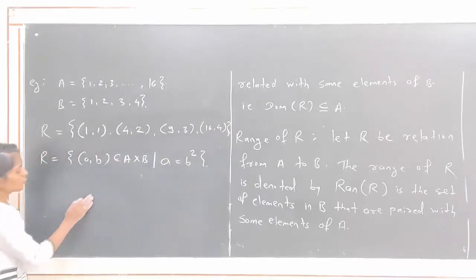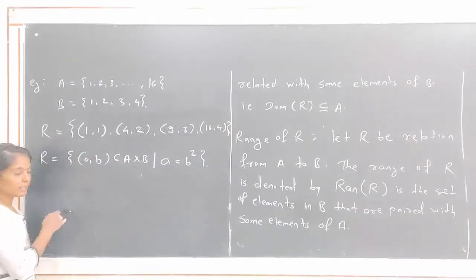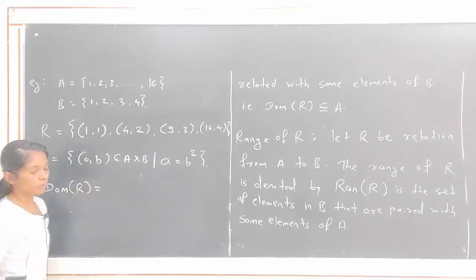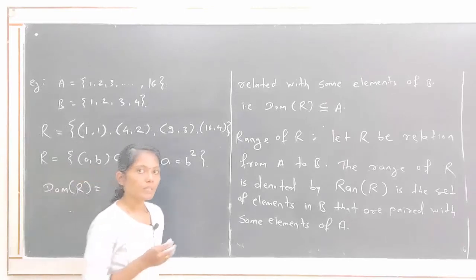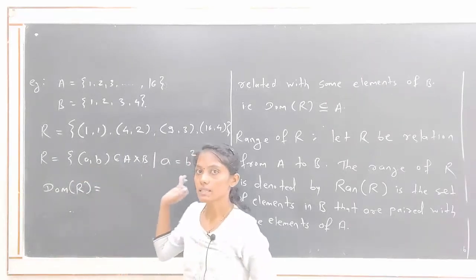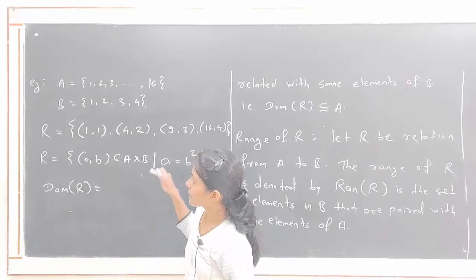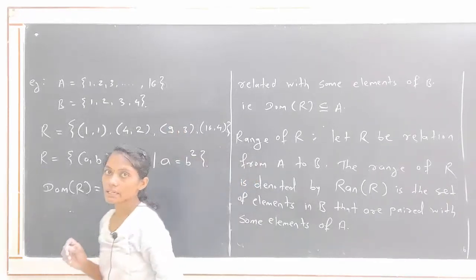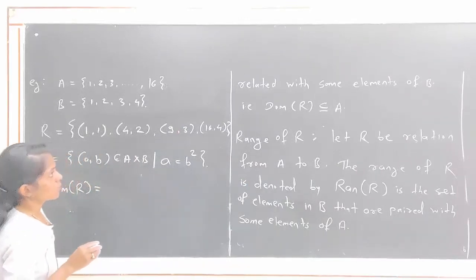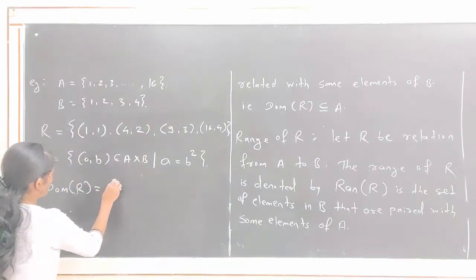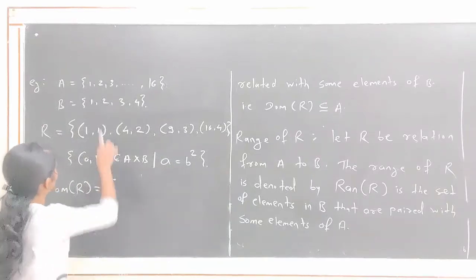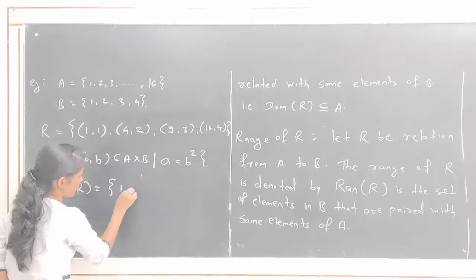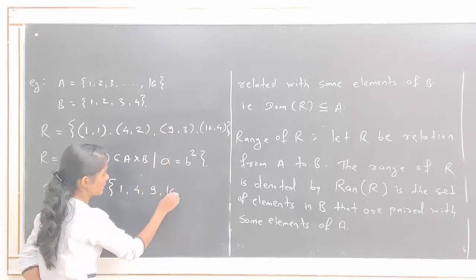So here we want to find the domain and range. So first of all, find the domain of R. So domain of R is nothing but the elements in set A that are related to some elements of B. Okay, so domain is 1, 4, 9, 16.